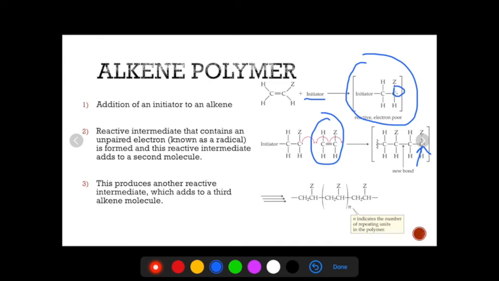It forms the new reactive intermediate, that reactive intermediate attaches to an alkene, forms a new reactive intermediate, attaches to another alkene. This is how all these alkenes come together into this polymer. And then we put parentheses, with the subscript indicating the number of repeating units in that polymer.